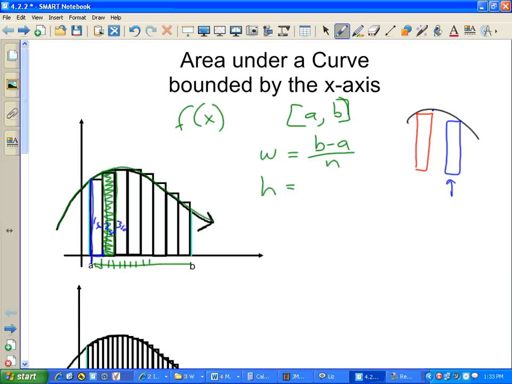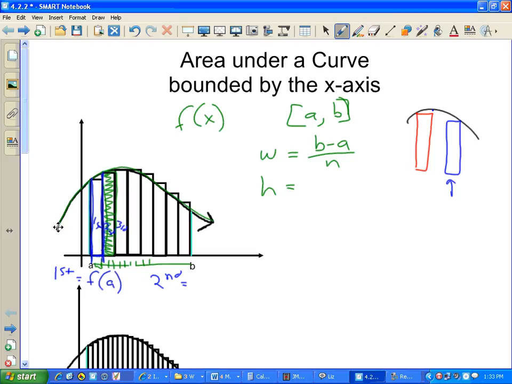Now this is a, so the height of the first rectangle is the function at a. It's not a tall, it's the function at a tall.